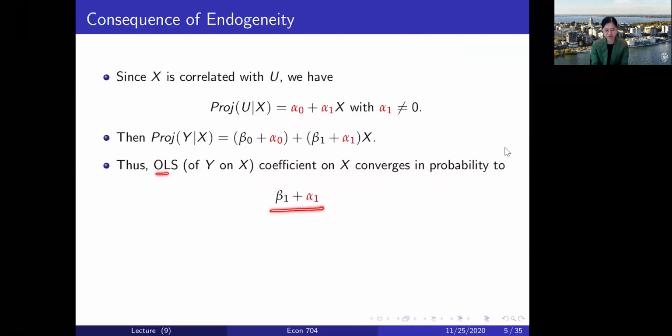So the OLS coefficient on x converges in probability to beta 1 plus alpha 1, and that is not the causal effect beta 1, right? So that is not equal to the causal effect. So endogeneity causes the OLS estimator to be inconsistent.